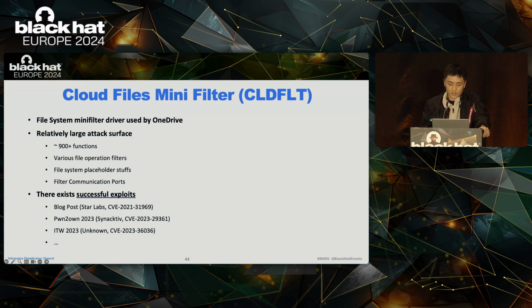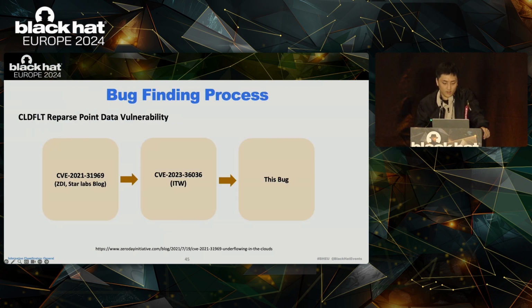This Cloud Filter has been the focus of several successful exploits, including a blog post from Star Labs and the vulnerability exploited by Synacktiv at Pwn2Own last year. Now, let's take a look at how we discovered this bug.